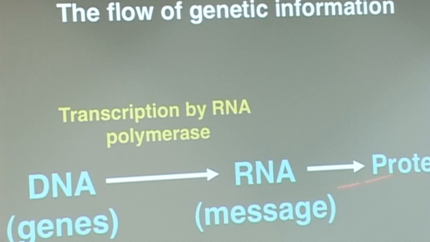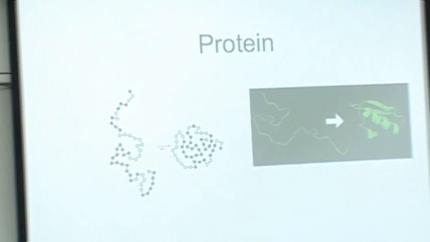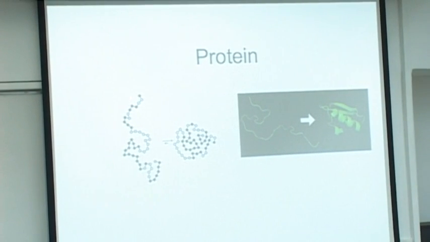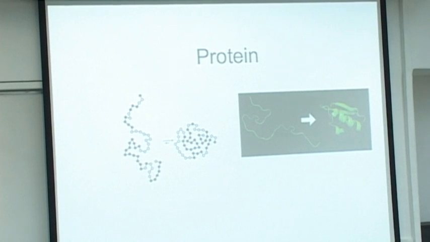Finally, for translation into protein, the linear sequence of the building blocks of RNA is translated into a linear sequence of amino acids in proteins, which then folds upon itself in the manner that can be illustrated here, which is the more customary form that you'll see later.